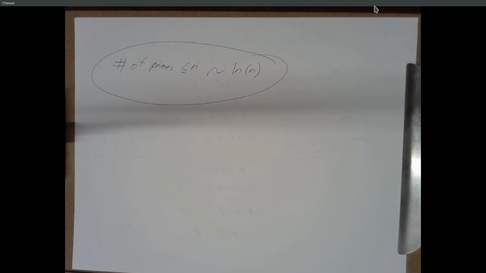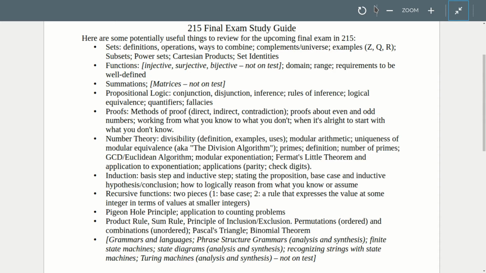It's only like a bunch of zeros. But the number of primes less than or equal to a googolplex, which is either 10 to the 100th or 10 raised to the 10 to the 100th, it's going to be pretty close. So that's the prime number theorem, and that's a cool thing to know.